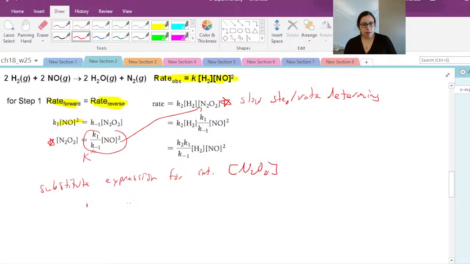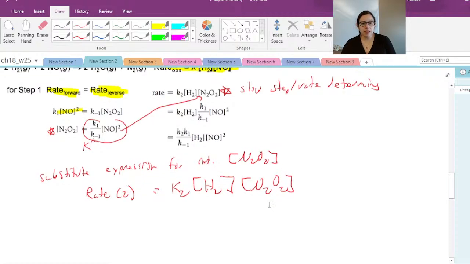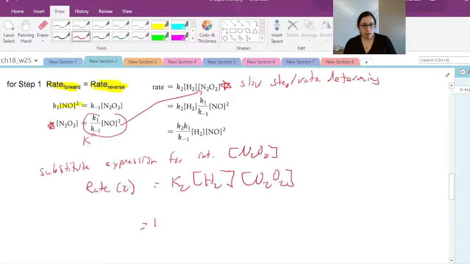So again, our rate for step 2 is just K2 times H2 times our intermediate. Since we can't express it as the intermediate, go ahead and plug it into our expression. So that's where we get our NO squared then, and then K1 over K negative 1.